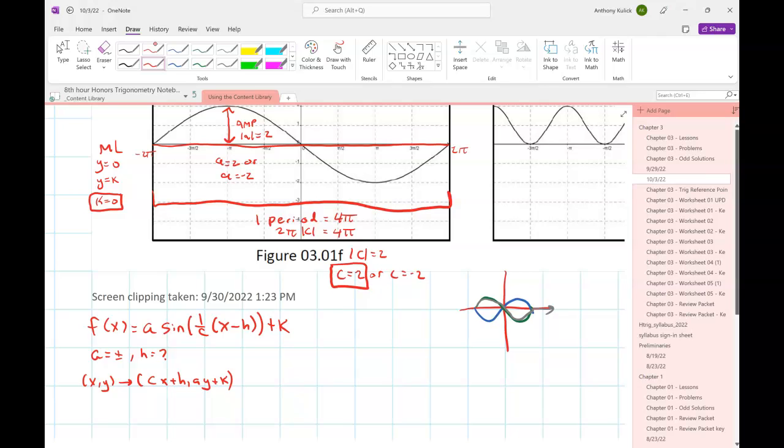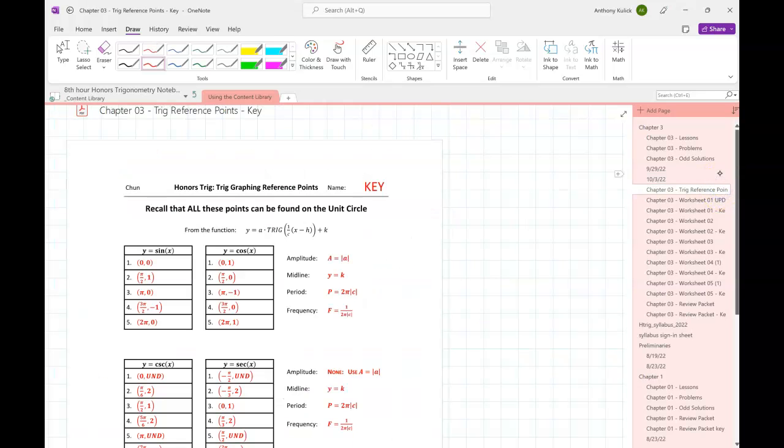Okay with that? What I'm going to do is look at my points on my parent function for sine. I'm going to pick one of these to use. Of those 5 points there, which one appears to be the nicest one? 0, 0 should hopefully be the one you want to pick because it will make everything simplest.